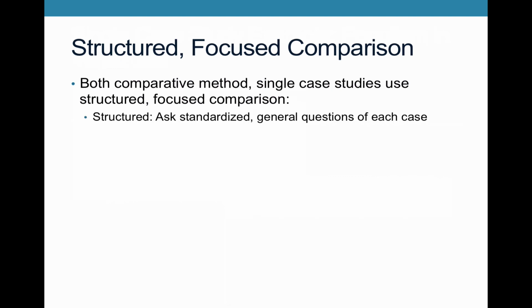First, structured. This means that we're asking standardized general questions of each case, that we're developing hypotheses that explain not simply our case, but would be applicable to a broader set of cases, and that we are going to be looking at these hypotheses and tracing them out exactly the same for each of them.